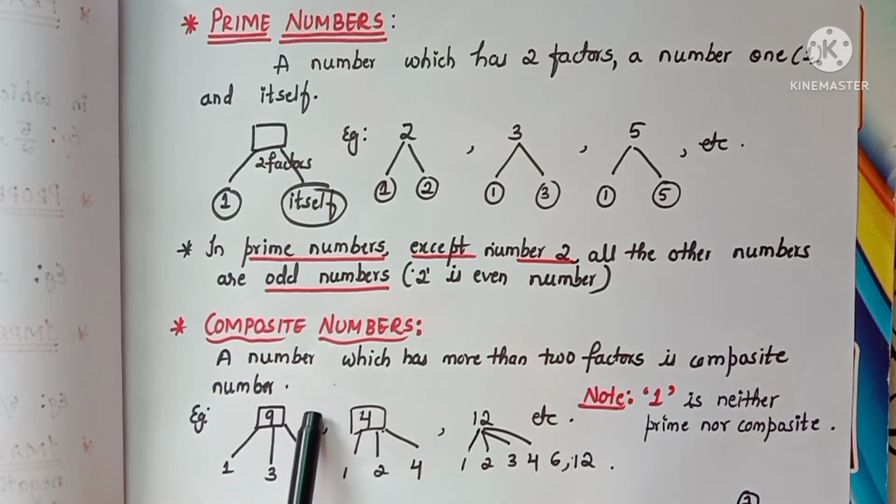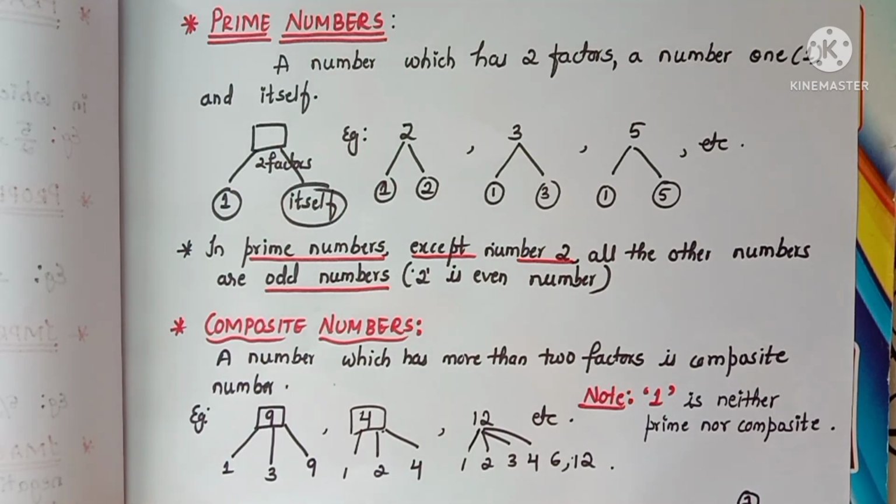What are the factors? 1, 2 and 4. The factors are more than 2. Therefore, 4 is what? Composite number. Let us take 12. What are the factors? 1, 2, 3, 4, 6 and 12. The factors are more than 2. Therefore, 12 is a composite number.